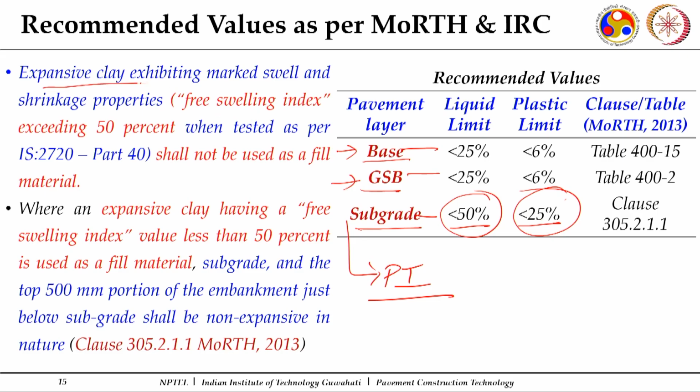Expansive clays exhibiting marked swell shrinkage properties shall not be used if the free swell index is more than that, as we already discussed. So these are some traditional requirements, specifically in terms of the Atterberg limits and the gradation.